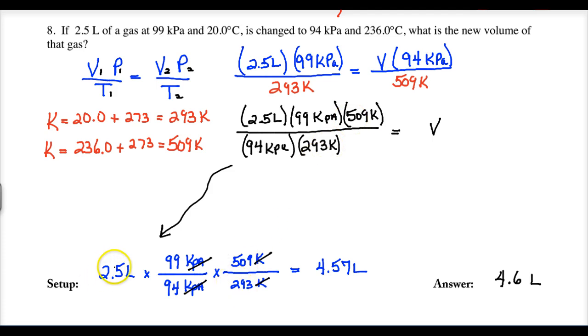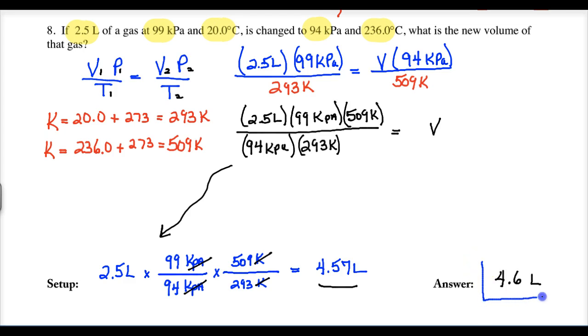Mathematically, this is equivalent. I do 2.5 times 99, divide by 94, times 509, divide by 293, and I get this raw number. Looking back at my work, the least number of significant figures is 2, so I round to 2, and 4.6 is my answer.